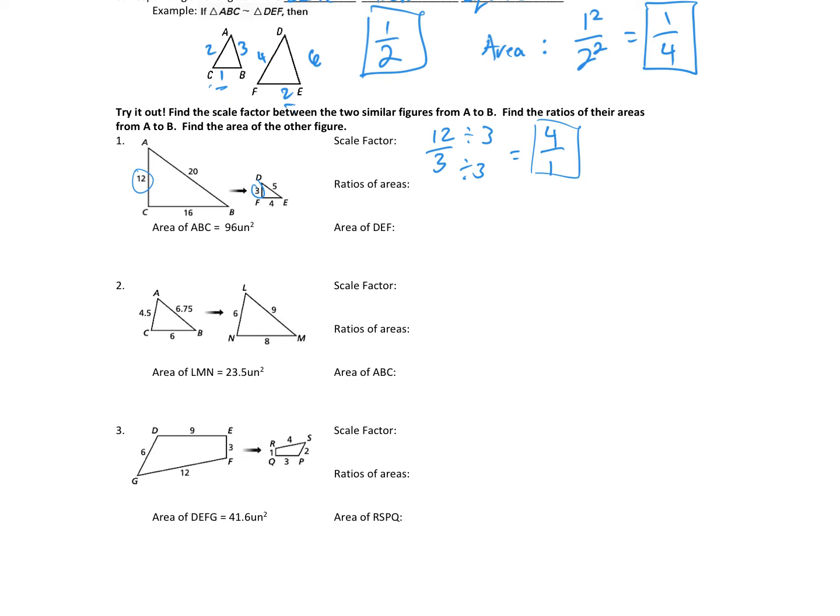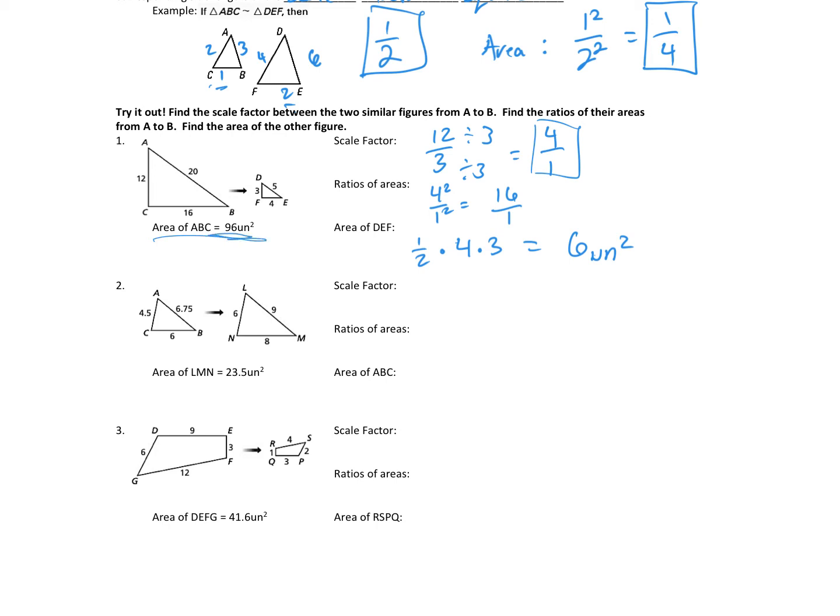My ratio of areas is going to be 4 squared over 1 squared, which is 16 over 1. Area of DEF, this looks like a right angle. So it's 1/2 base times height, 1/2 times 4 times 3, which is 12 divided by 2. So my area is 6 units squared.